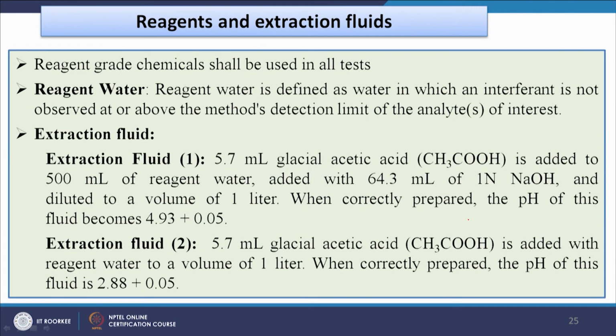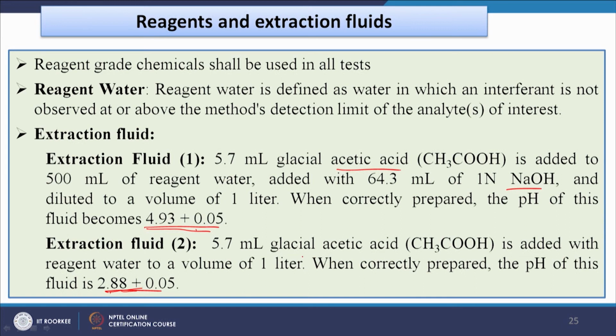And as I mentioned, we have two types of solvent, one with relatively higher pH and one with relatively lower pH. Extraction fluid 1 has pH 4.93 plus or minus 0.05 and in this case 2.88 plus or minus 0.05. In the higher pH case, the pH is increased by addition of NaOH, and glacial acetic acid is used to get the 2.88 pH.